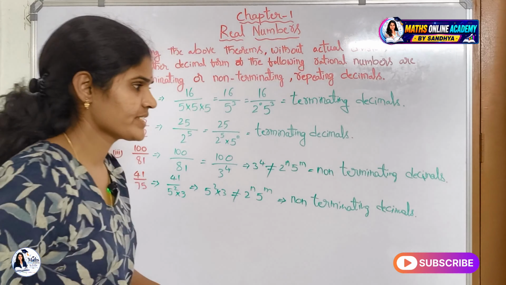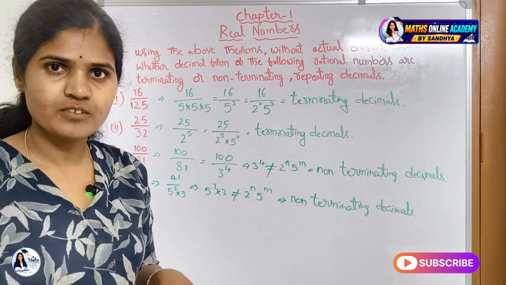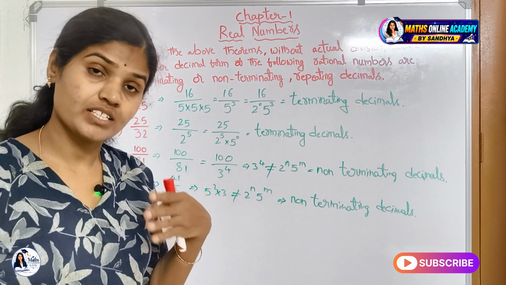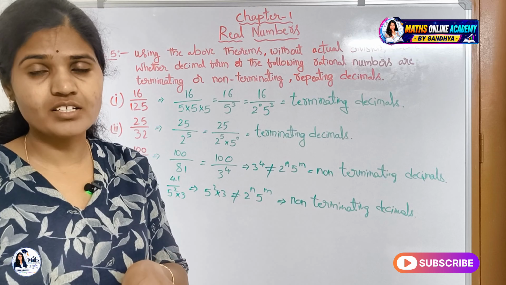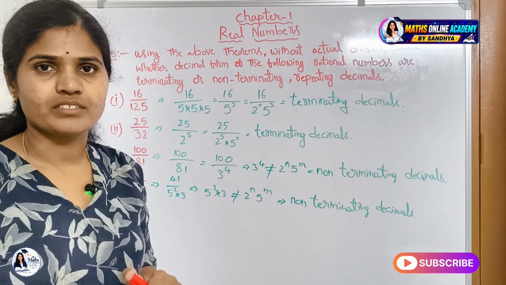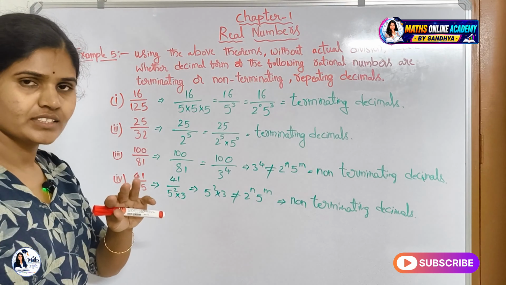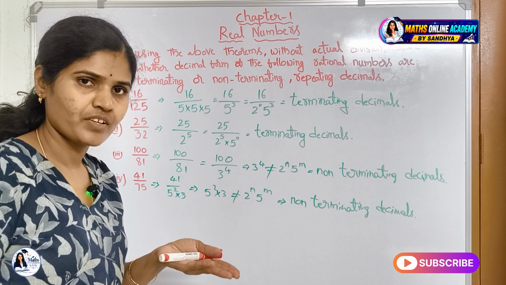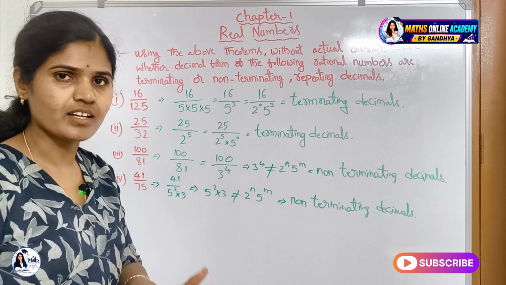So based on the above theorems, without actual division, we can say what is a terminating decimal and what is a non-terminating decimal. Here we check only whether q is in the form of 2 power n, 5 power m or not.